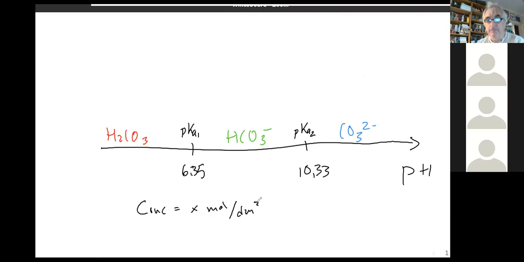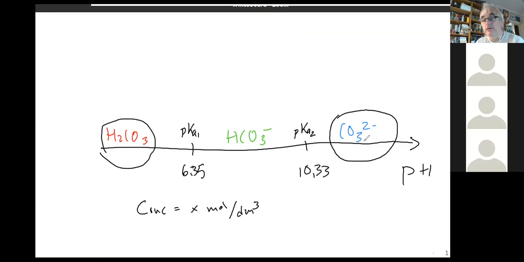If you look at the carbonic acid, you can treat it as an acid, because it is only an acid, nothing else. And if you look at the carbonate like a base, you can treat the concentration only as a base, because it doesn't act as anything else than a base.